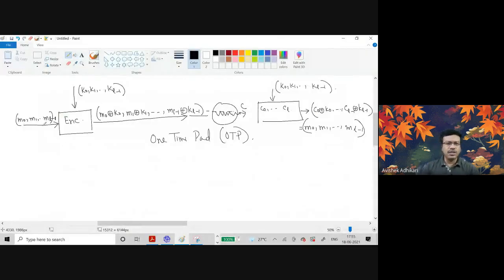Because one message is an element of {0,1}^L, and a key is also an element of {0,1}^L. Why is this {0,1}^L? I hope you all understand what {0,1} means. How many elements are there here? Can anybody tell me how many elements are there?